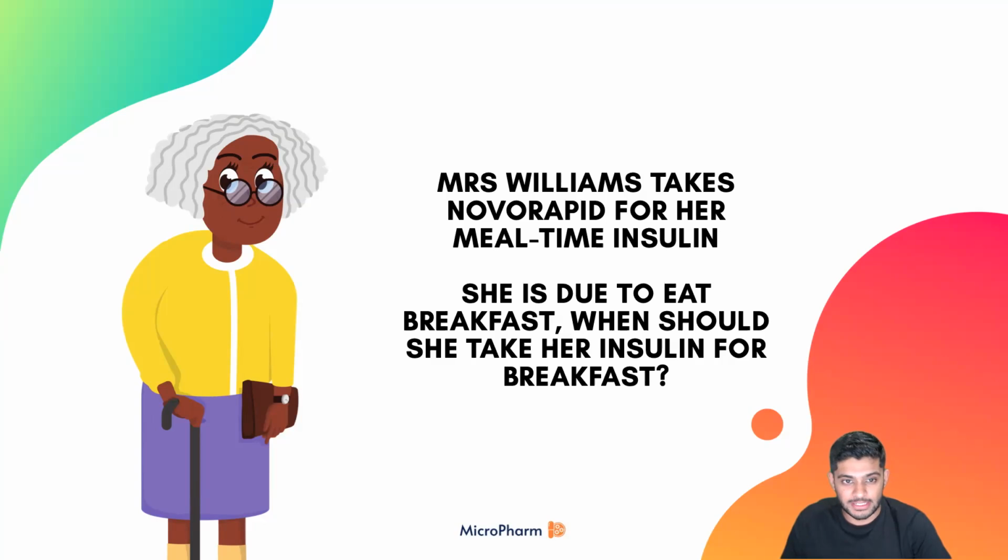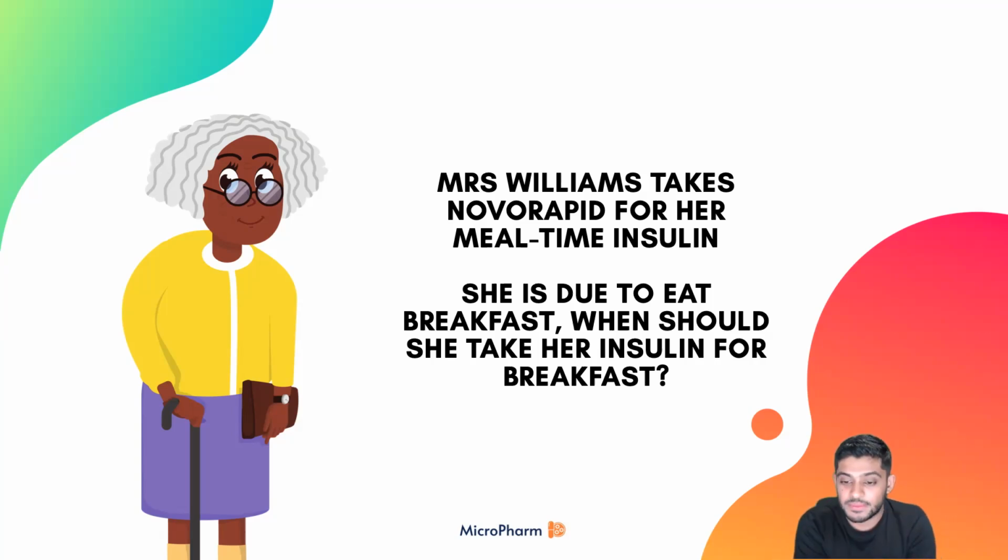Rapid is faster than short acting insulin. Absolutely. So every time you see the term soluble insulin, that's referring to short acting insulin. And soluble insulin is relatively slower in terms of its onset of action and its peak. It has a longer duration of action as well.